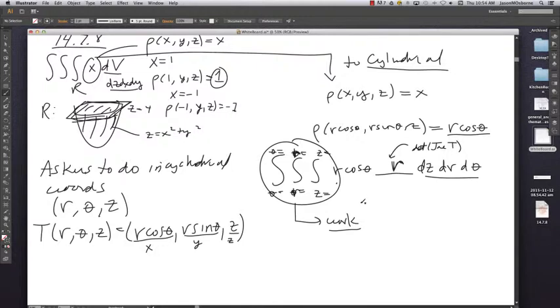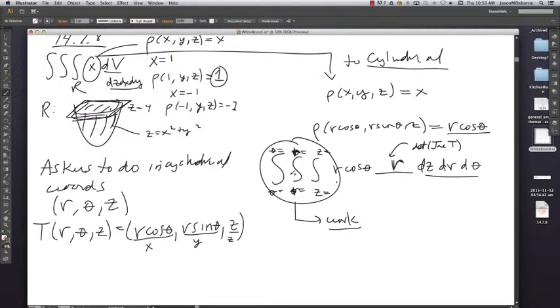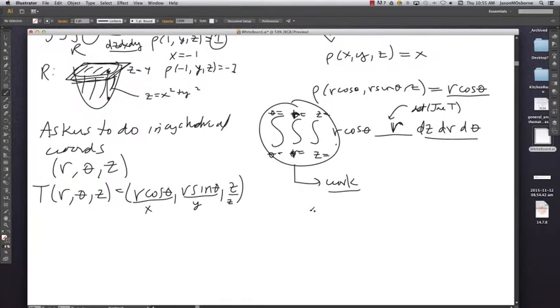So what we need to do is we know that we're going from this paraboloid up to that plane. So we need to describe in terms of r and theta the surface z is equal to x squared plus y squared.